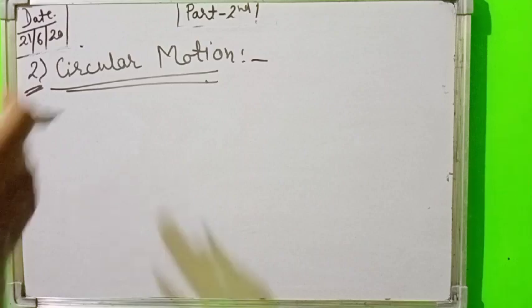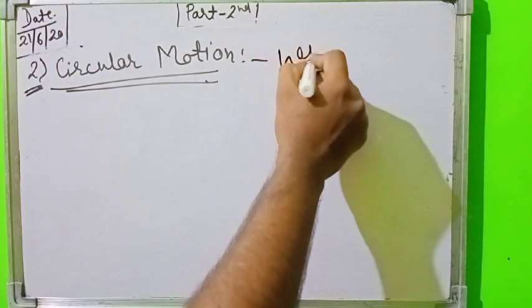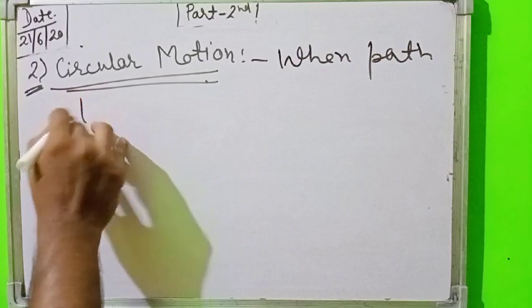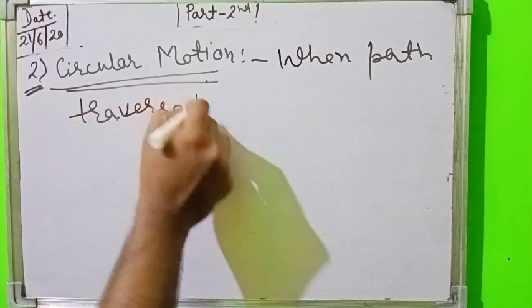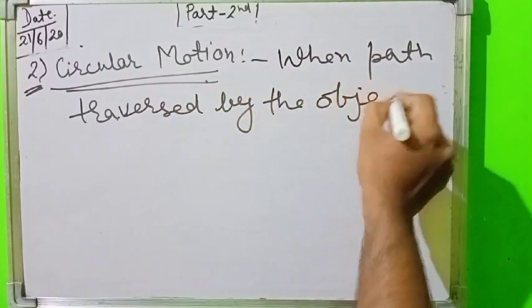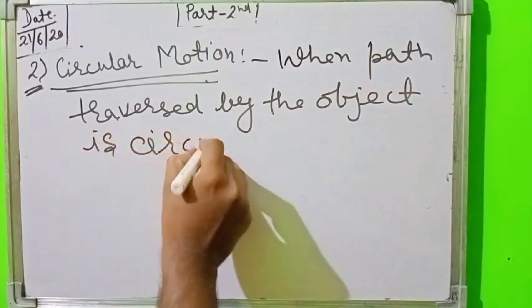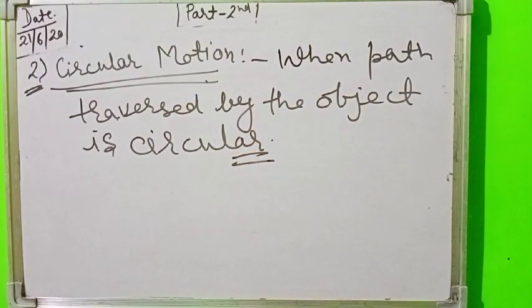Obviously, as it is clear from the name, when the path traversed by the object is circular. When the path traversed by the object is circular.